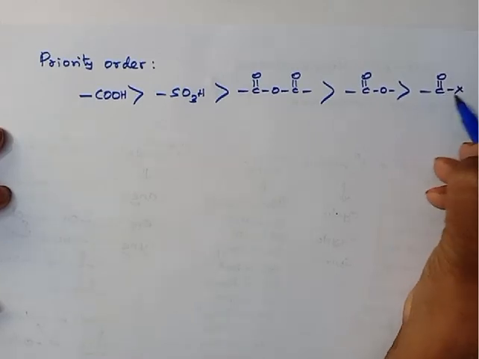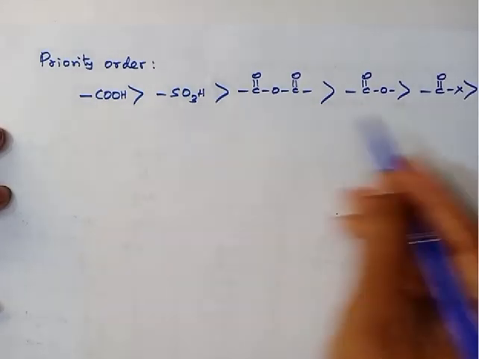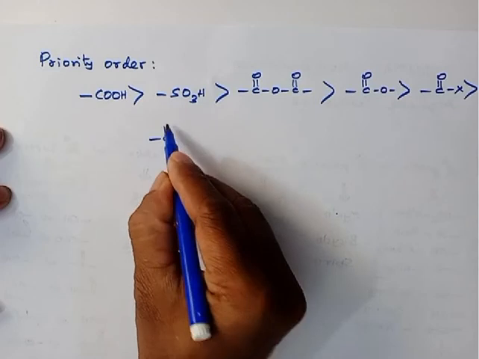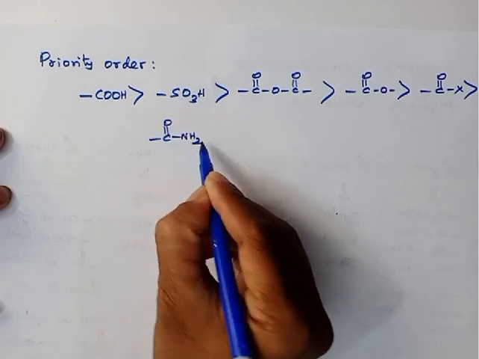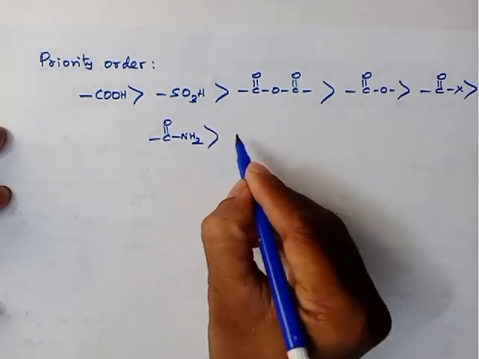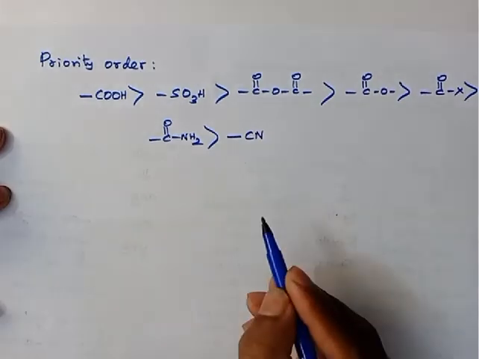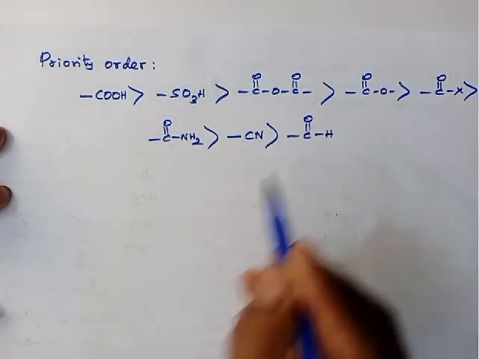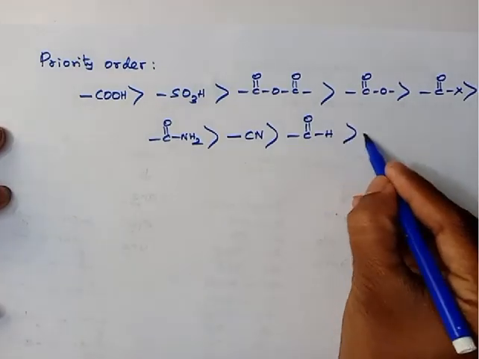It may be acid chloride or acid bromide, whatever it is, acid halide. Then the series continues. Then amides, CONH2. Then nitriles, CN. Then aldehyde, C double bond OH. Then keto compound.